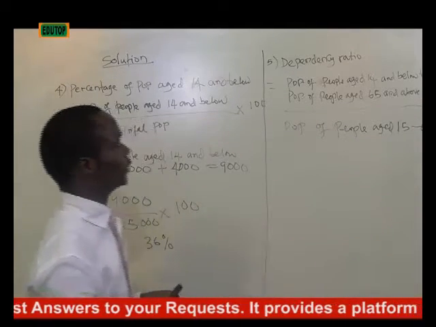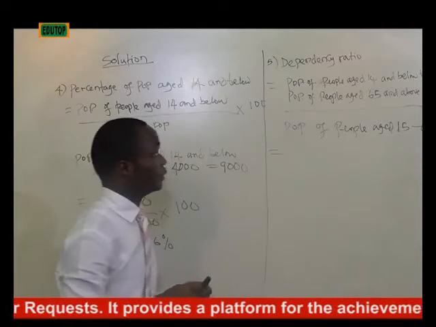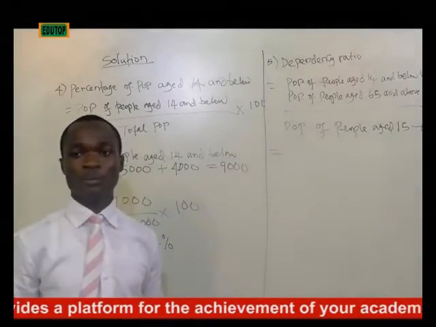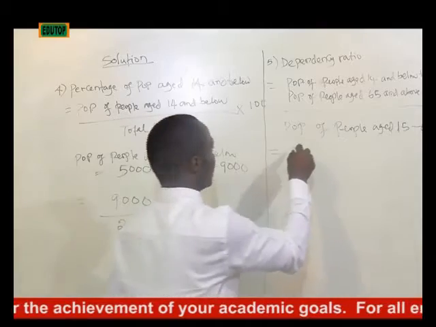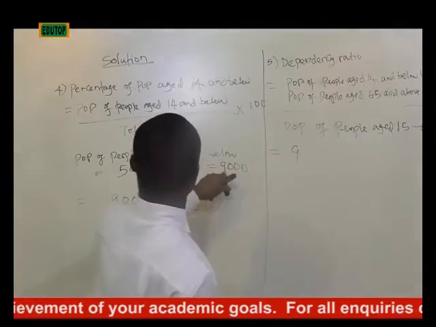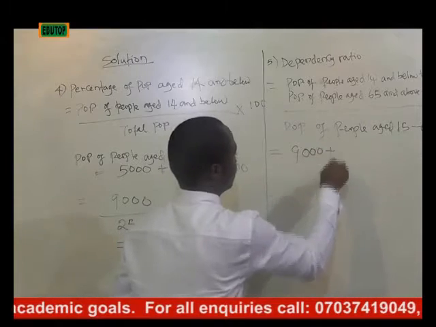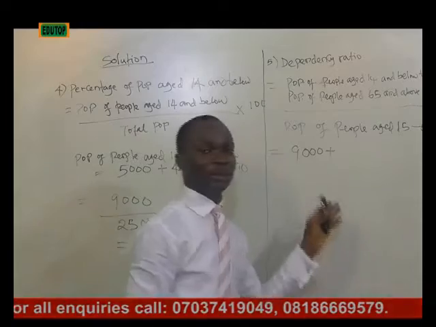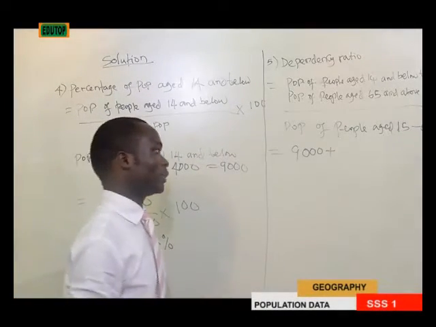15 to 64 years. And then from the table and the question given, the population of people aged 14 years and below is 9,000, which we got from here. 9,000. If you add it with the population of people that are 65 years and above, we have 6,000.